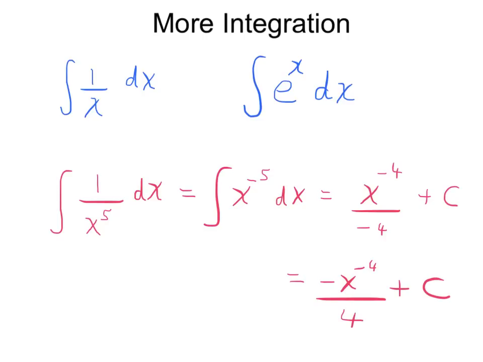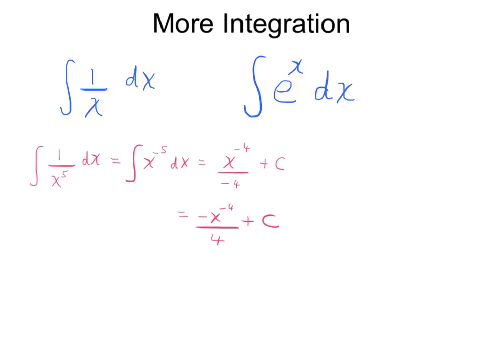Remember, ideally we'll be writing the negative sign at the top of the fraction. Okay? And if you really wanted to, you could rewrite that final answer as minus 1 over 4x to the power 4 plus c.